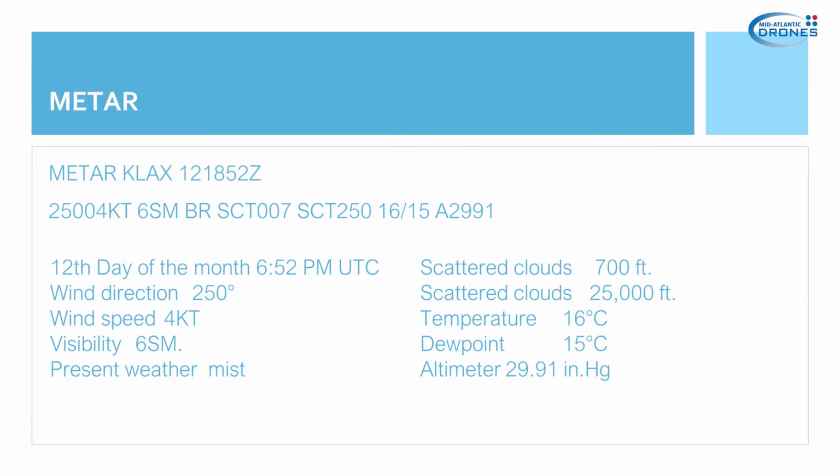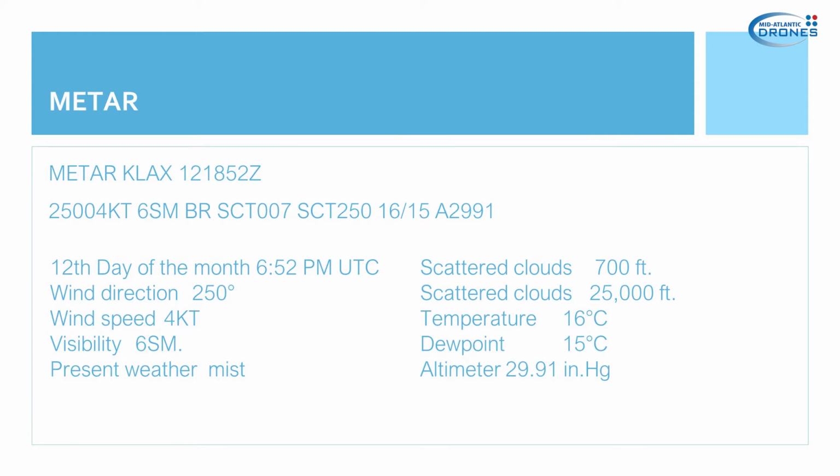In this case, LA Airport, LAX. Then is the date and the time when the METAR was originated. So this is the 12th day of the month at 1852 Zulu. So at 6:52 p.m. UTC time, also known as Zulu time.